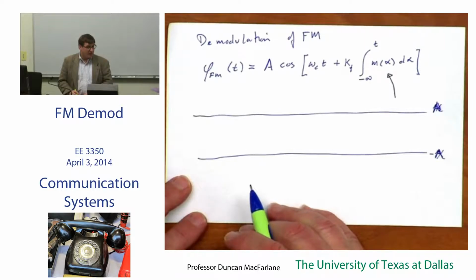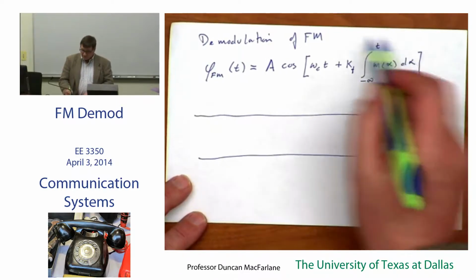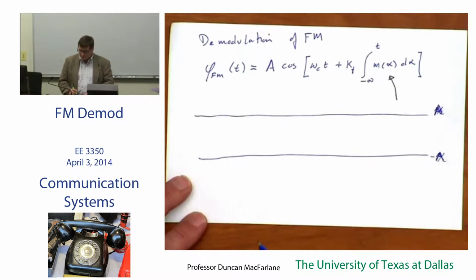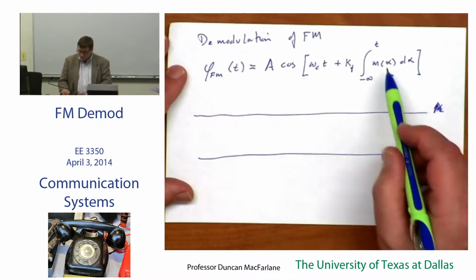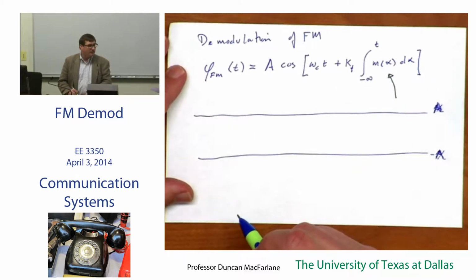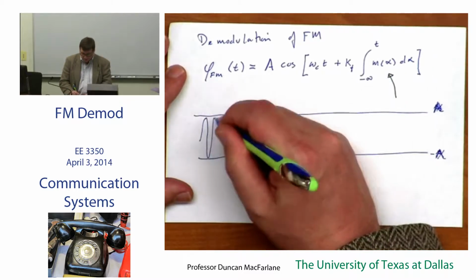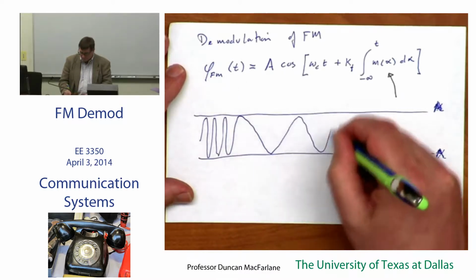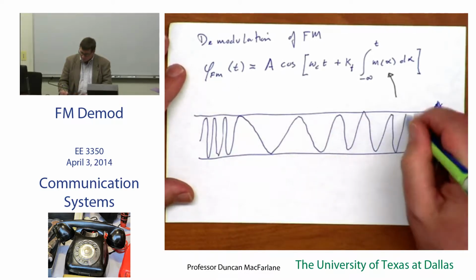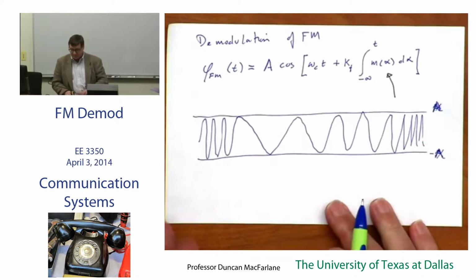There's an instantaneous frequency, and the instantaneous frequency is just the derivative of this phase term in here. And that instantaneous frequency changes in accordance with M of alpha. And so sometimes it's high frequencies, sometimes it's slow frequencies, and sometimes it's medium frequencies and high frequencies again. Okay?